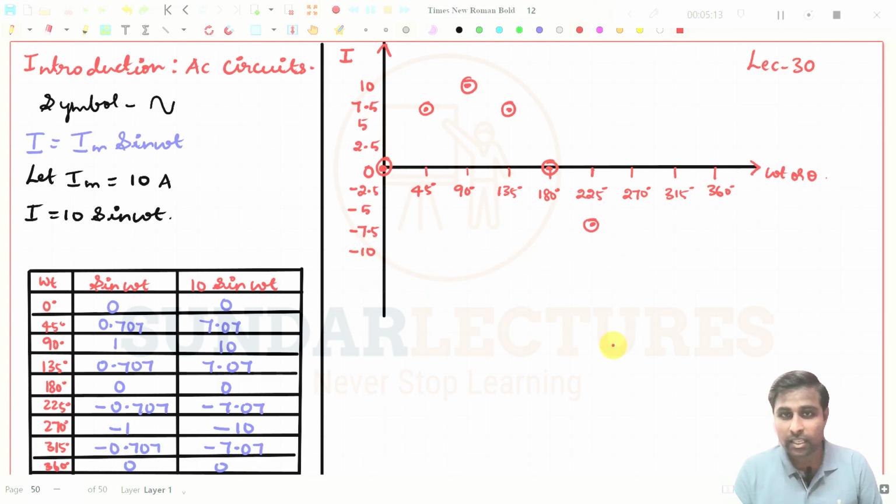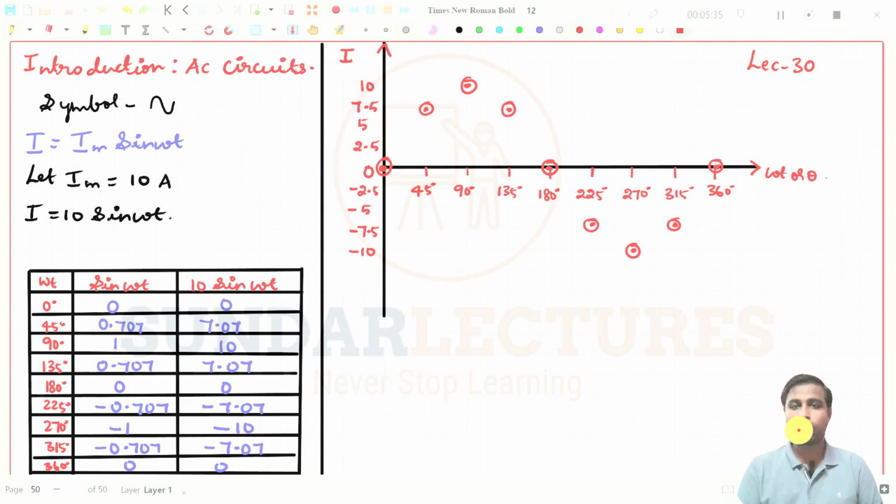And at 315 degree, what is the value? It is minus 7.707, so it will come around here, so I will mark here. At 360 degree again it becomes 0, so it will come here. This value is this one.